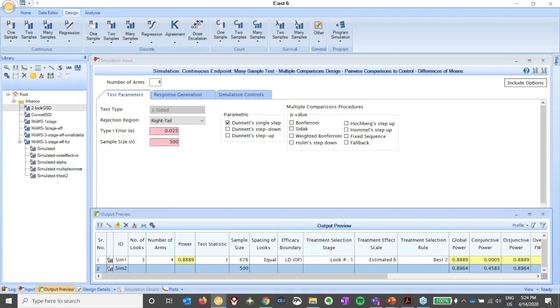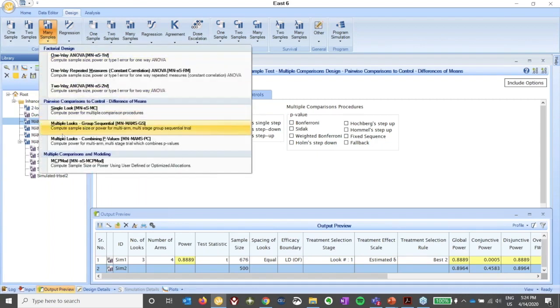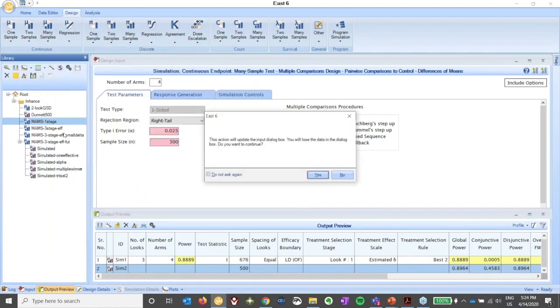However, where we are now is we want to be using the MAMS methodology, which is not a simulation-based methodology, but as I said, it is an extension of the group sequential methodology. So we have to calculate what the efficacy stopping bounds will look like, and what would be the corresponding procedure if we were to use just one look.